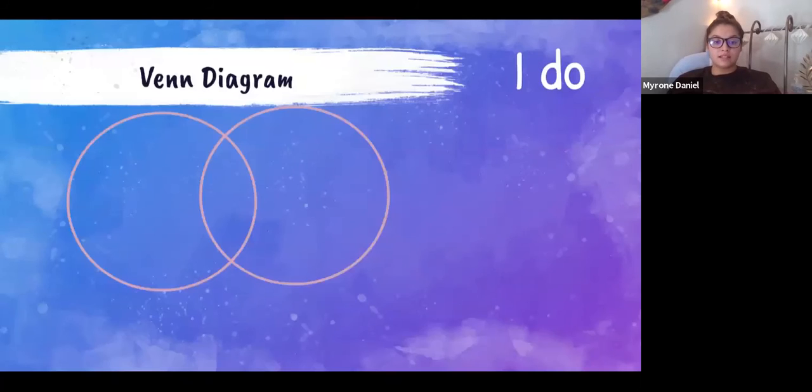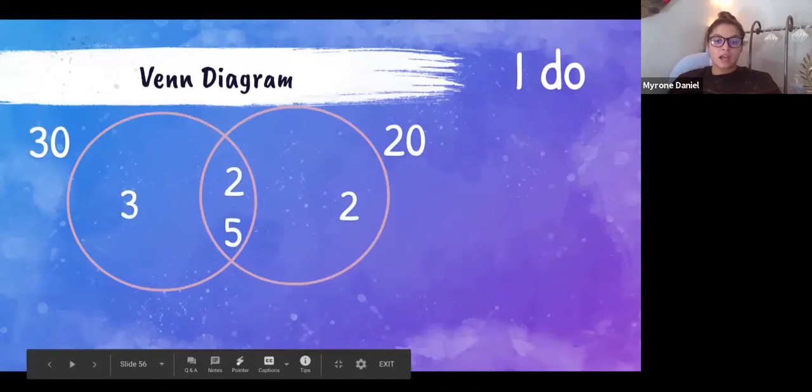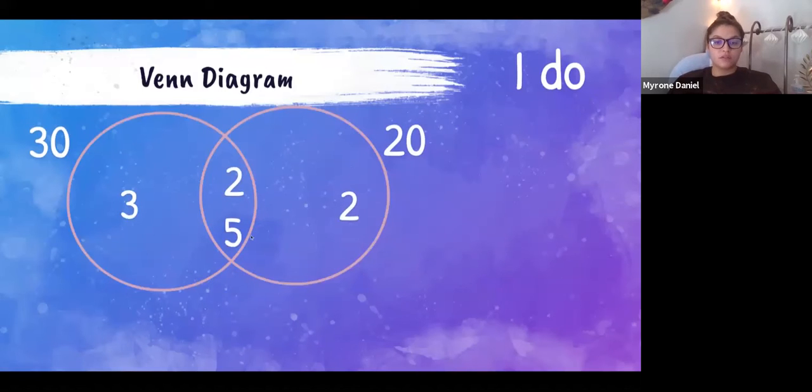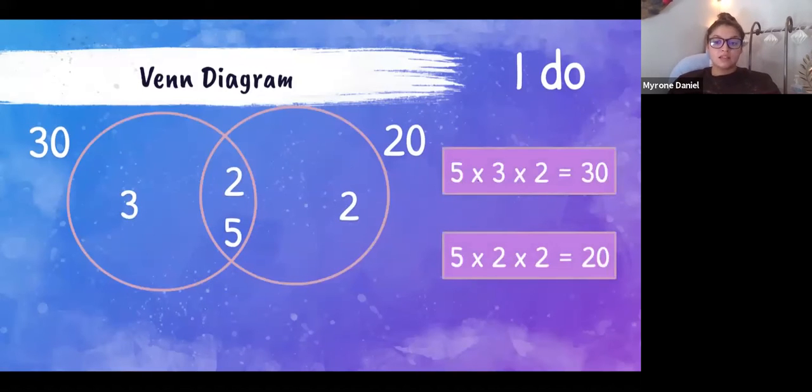So let's do our Venn diagram now. We have 30 and 20, and we know our factors: 3, 2, and 5, and 2, 2, and 5. Those are our factors of 30 and 20. So we know 5 times 3 times 2 is 30, and 5 times 2 times 2 is 20.